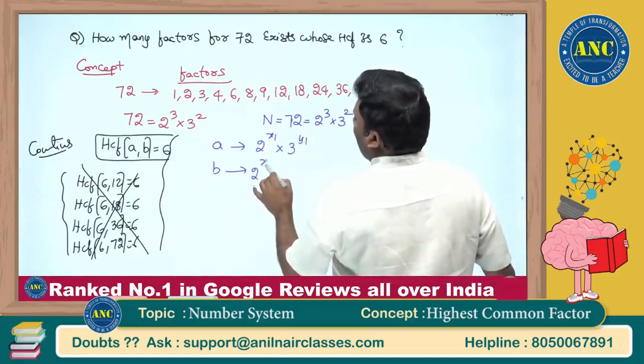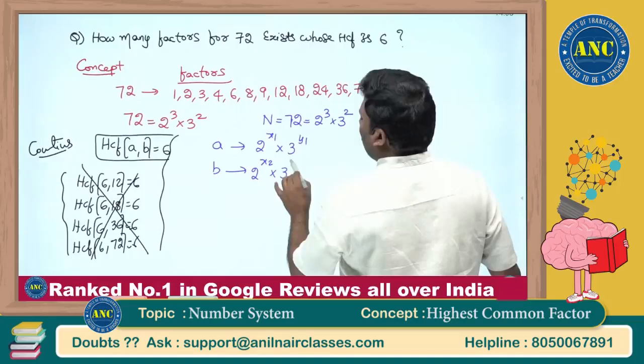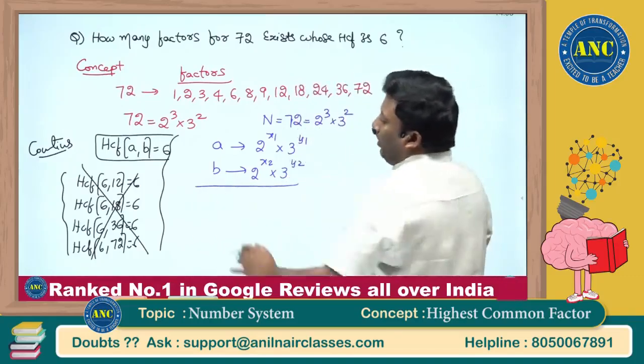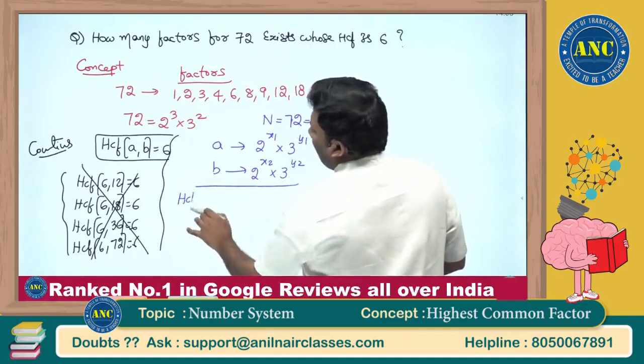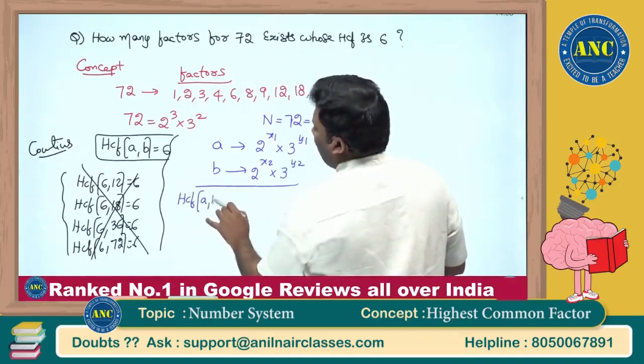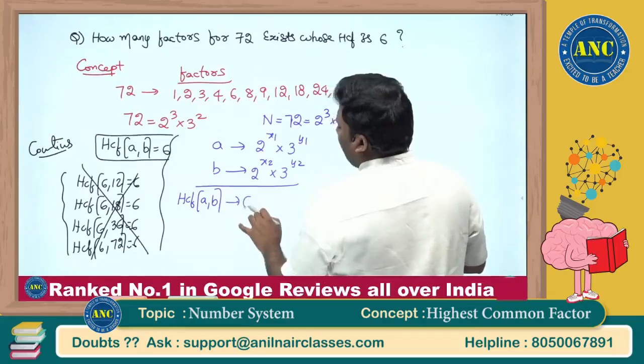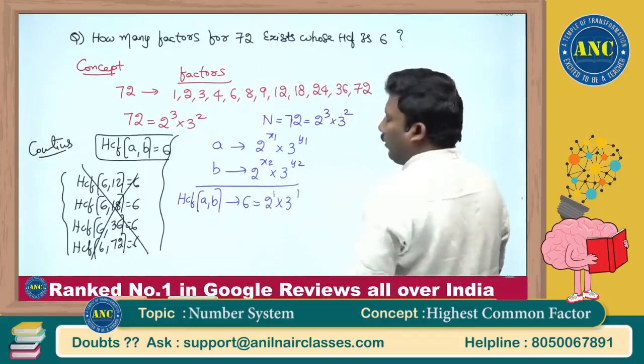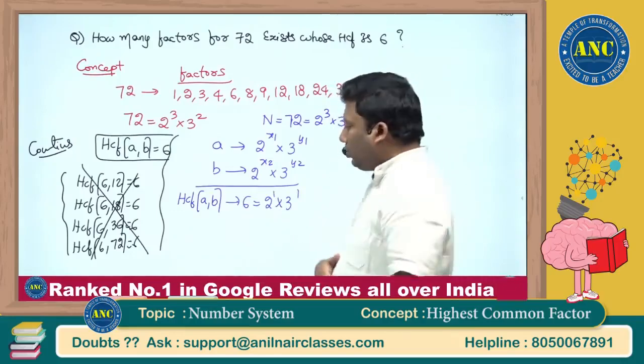B also will have 2 power x2 into 3 power y2. We do not know the numbers A and B, but we know the HCF of these two numbers should be 6. 6 is 2 power 1 into 3 power 1.